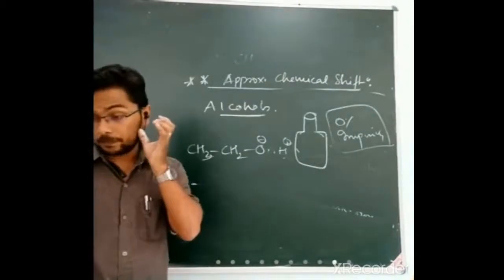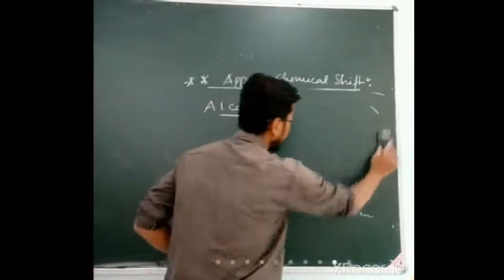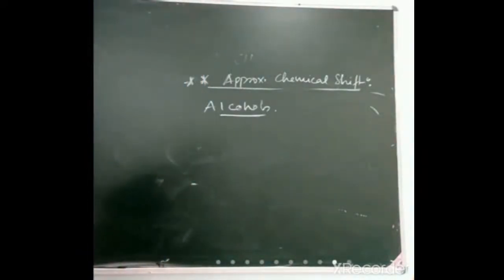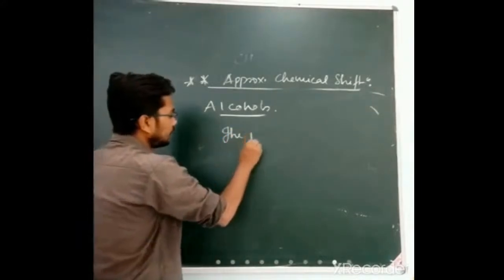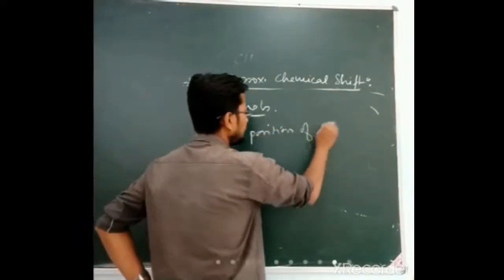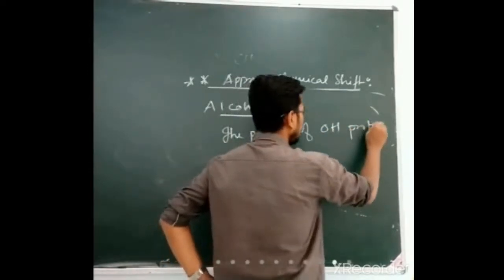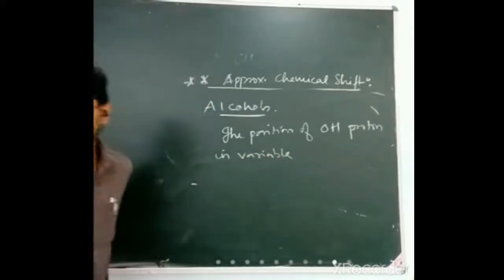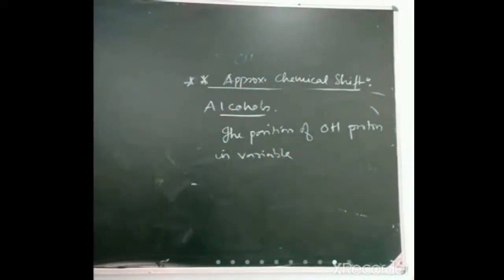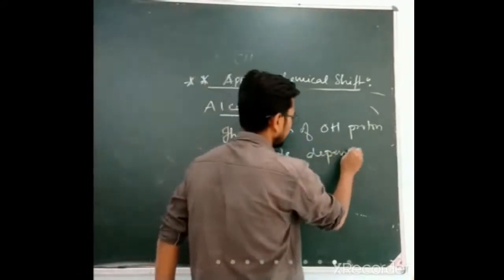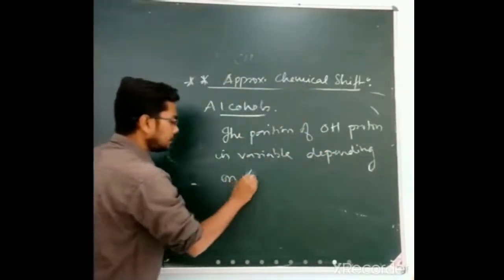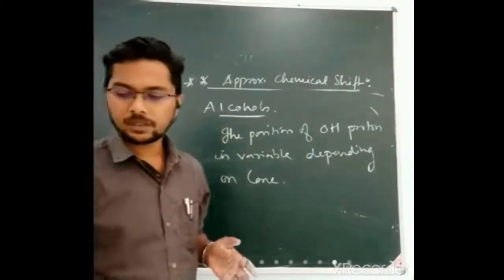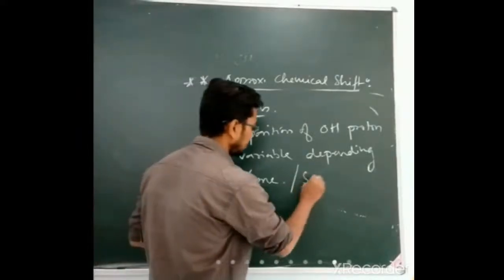So just write one line somewhere. The position of the OH proton is variable depending on concentration. If it is highly concentrated, then there is this interaction, and then you have solvent.